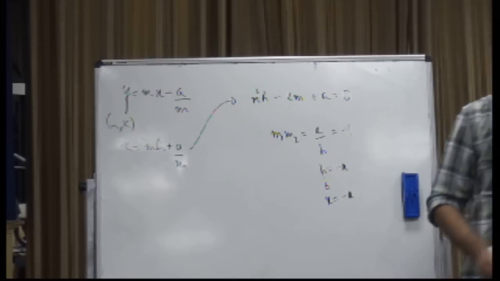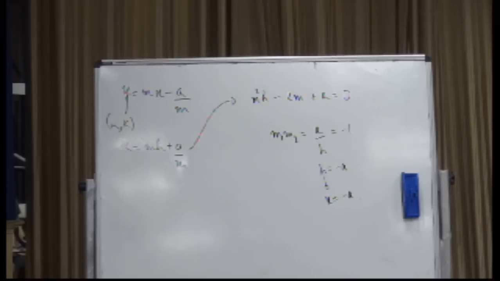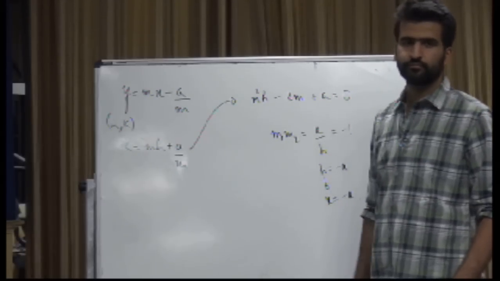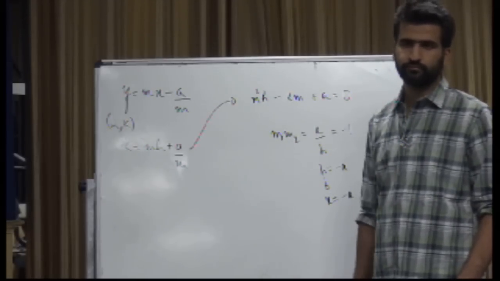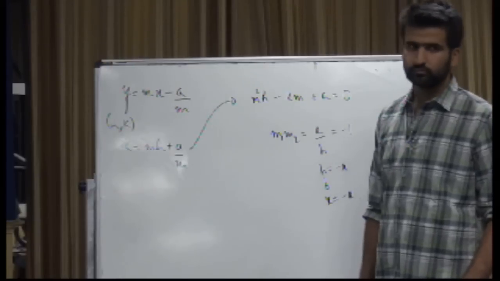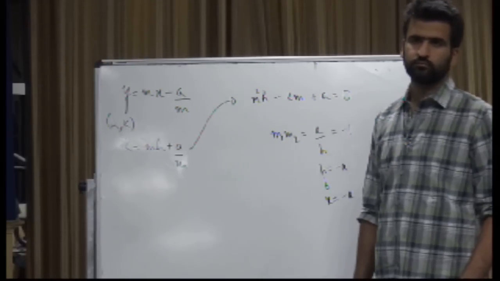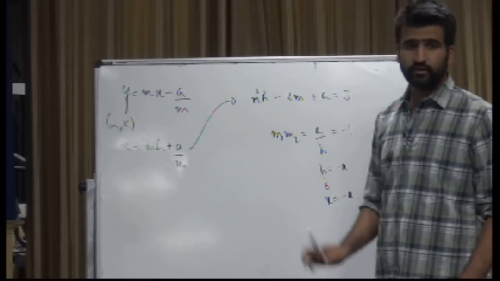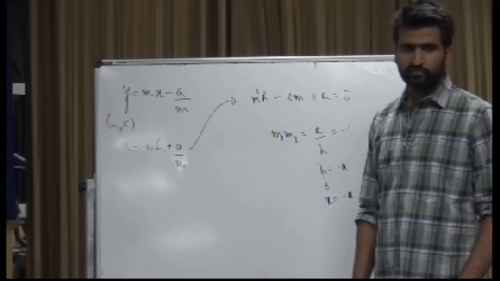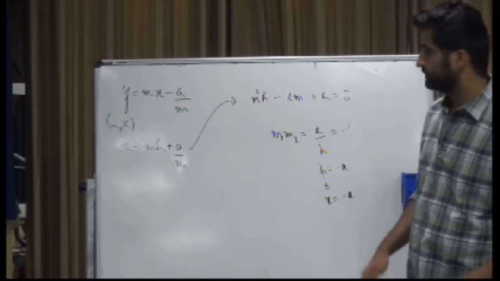In the case of parabola, the director circle is the directrix of the parabola. So the director circle is not necessarily a circle. In the case of parabola, it's not a circle, it's a straight line.